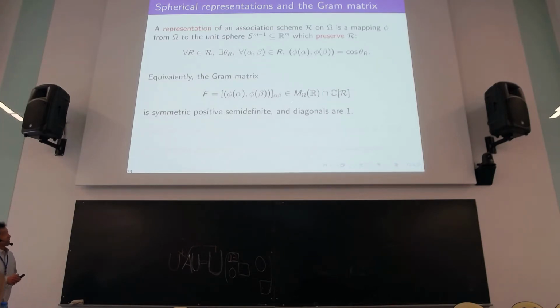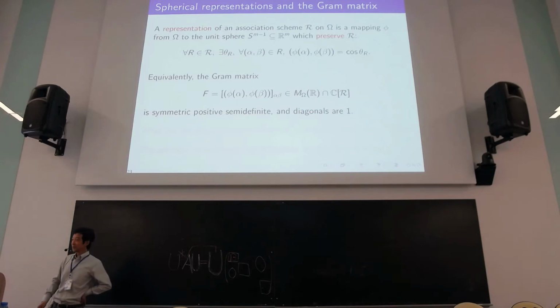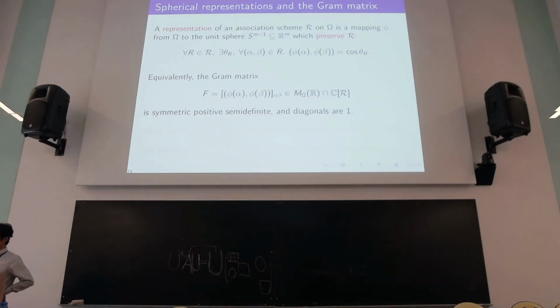But the fact that this is a representation means that this value depends only on the relation. That is, this matrix is a linear combination of adjacency matrices, so this matrix itself belongs to the adjacency algebra. This inner product is constant on the relation, and it is expressed as a linear combination of adjacency matrices.